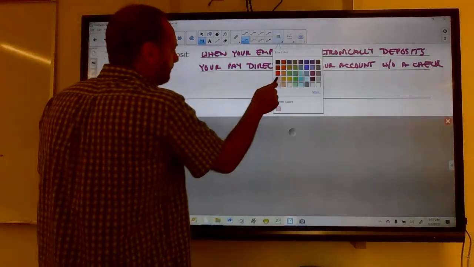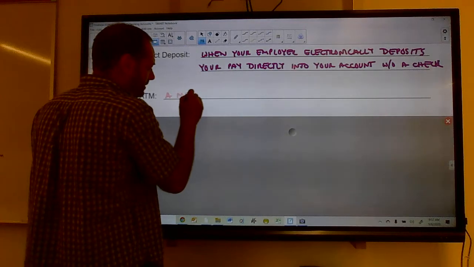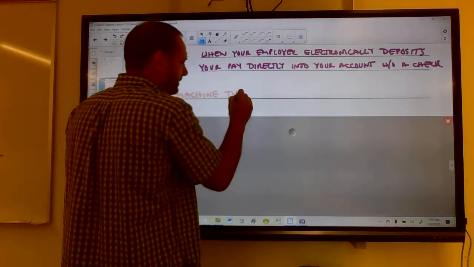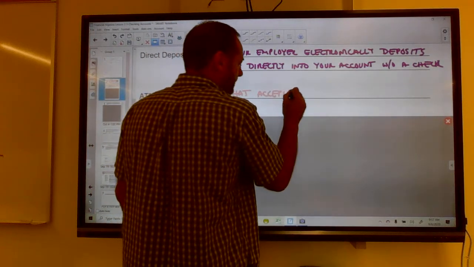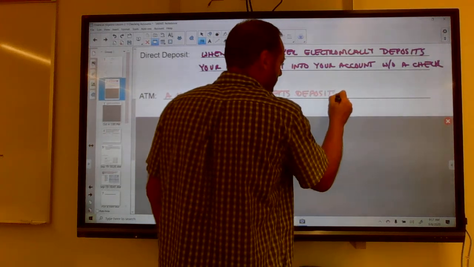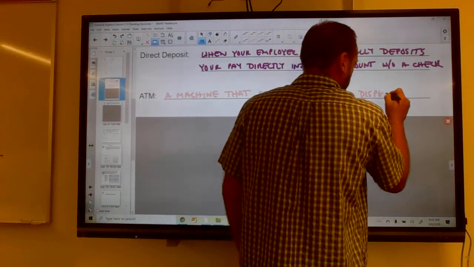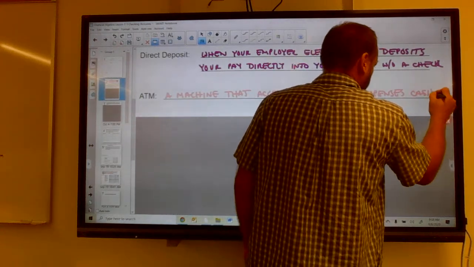What is an ATM? An ATM is just a machine that accepts deposits or dispenses cash.